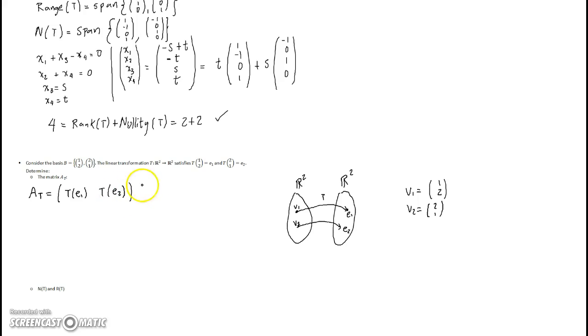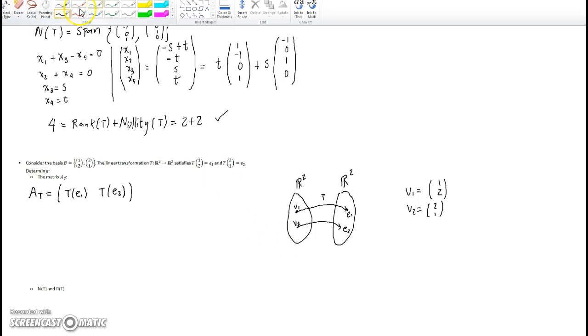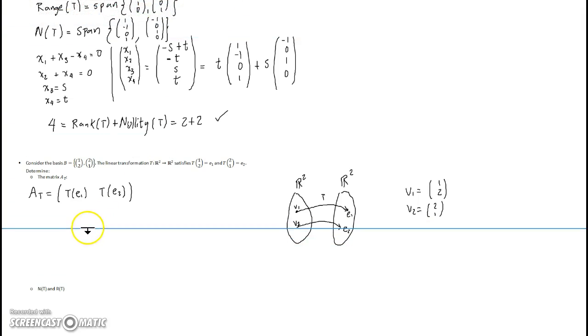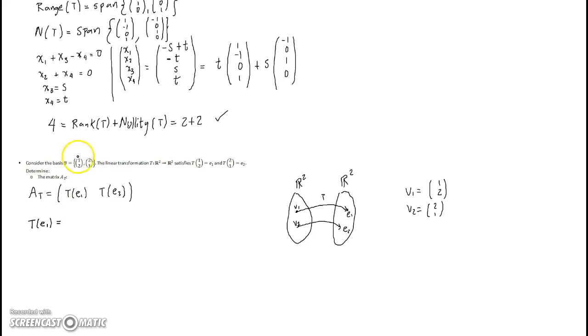So I need to find out how I can write T of E1 in terms of T of V1 and V2. So what you want to do is write T of E1, and since the basis B, V1, V2, is a basis, there's a unique representation of E1 as a linear combination of V1 and V2.